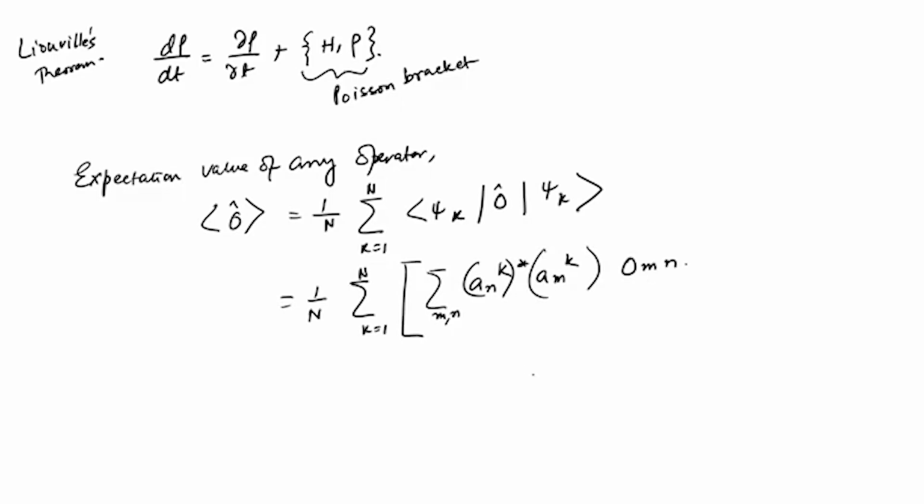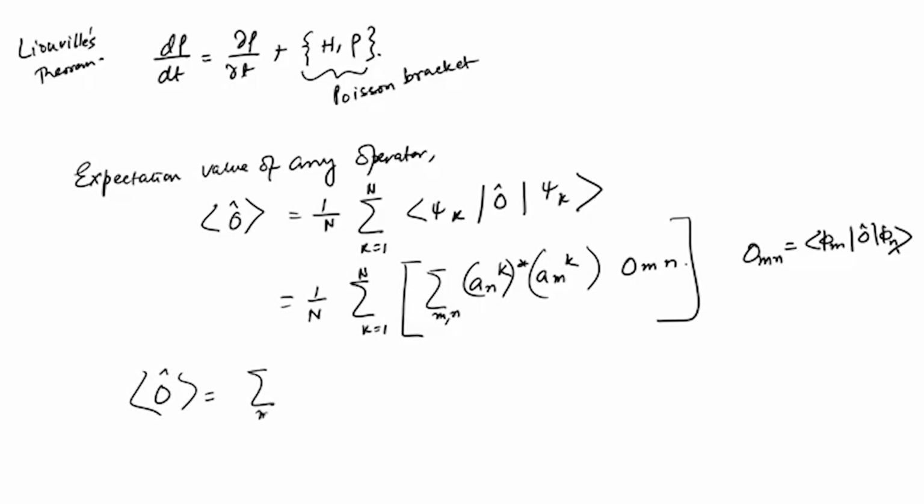That is the matrix element of the operator, where O mn is nothing but equal to phi m O phi n.